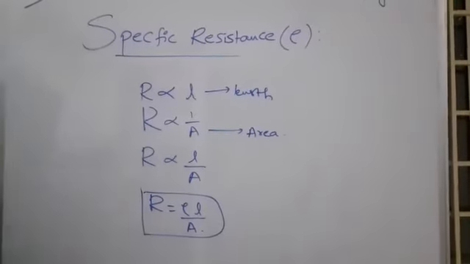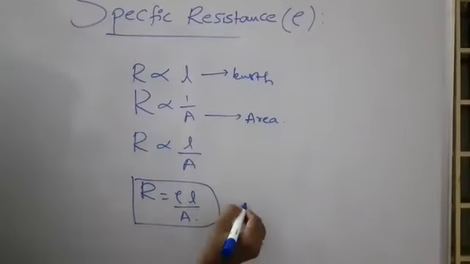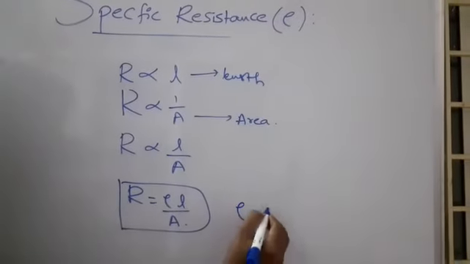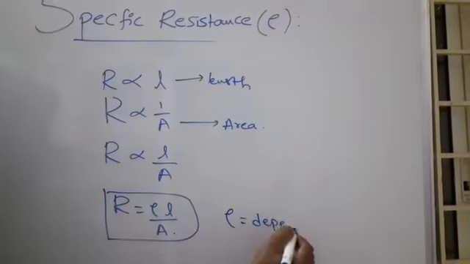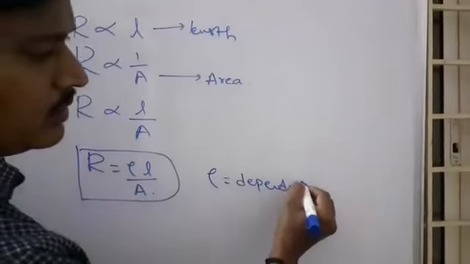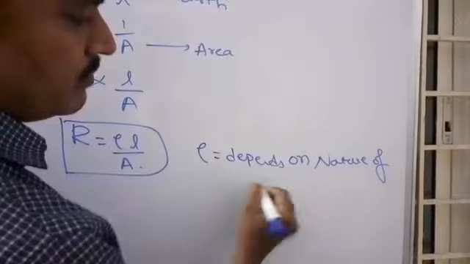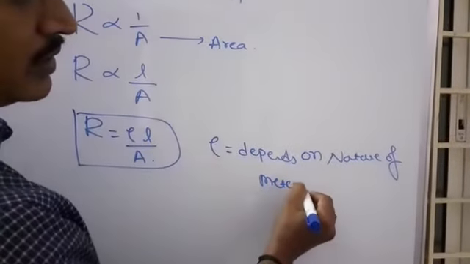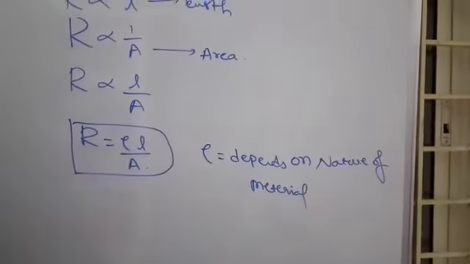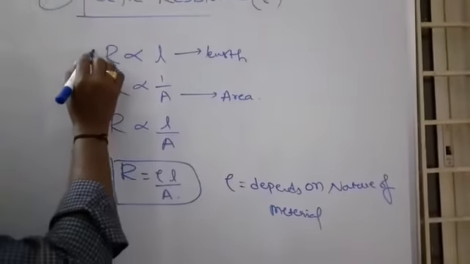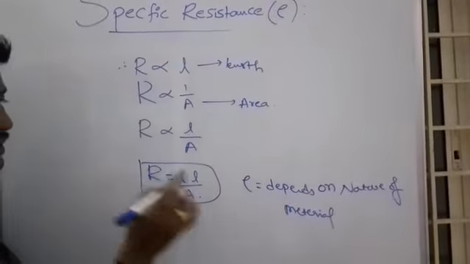Next, specific resistance rho depends on the nature of the material. It is independent of the dimensions of the conductor, whereas resistance depends on the dimensions of the conductor.